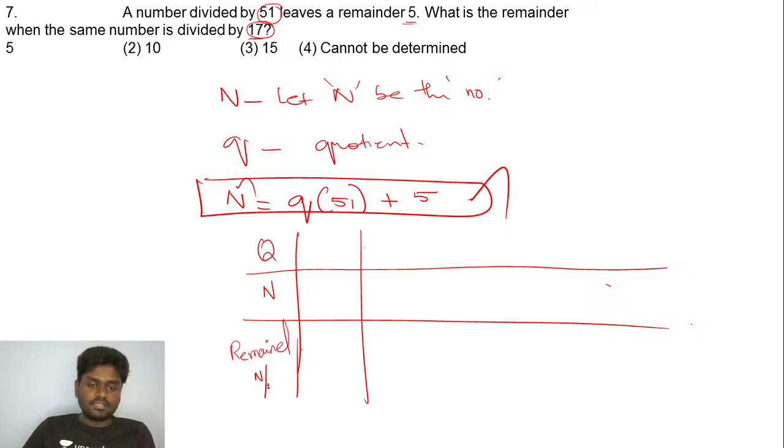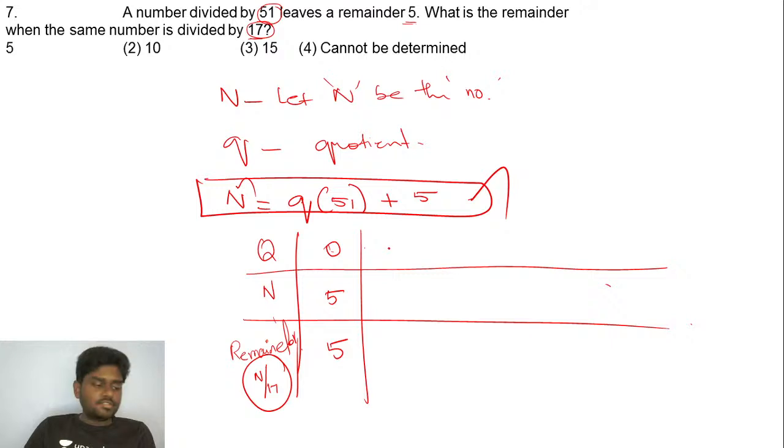So the number by 17, the remainder when you divide it by 17, that's what it means. Let me start with 0. If it happens to be 0, then I'll be getting the remainder here to be 5.